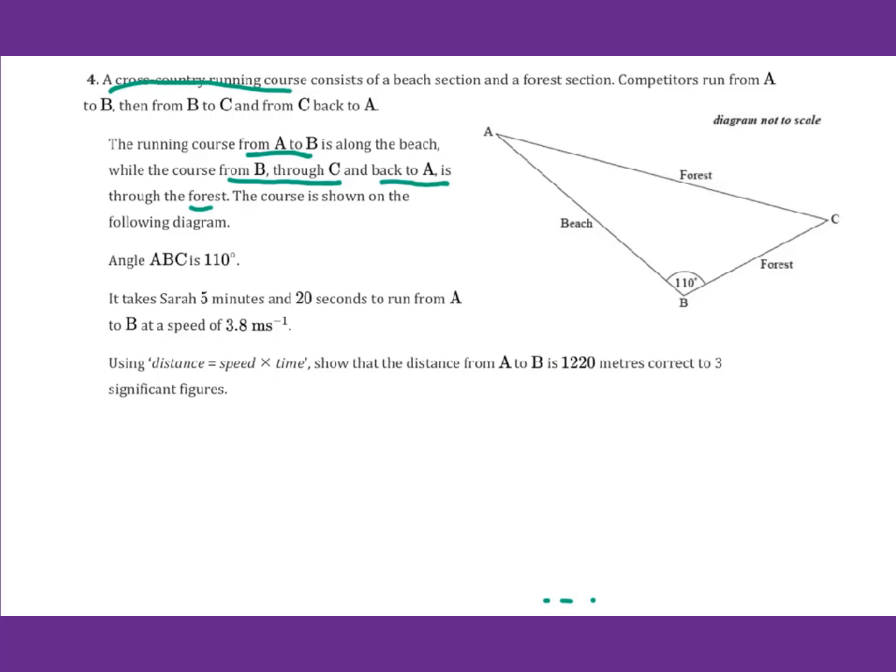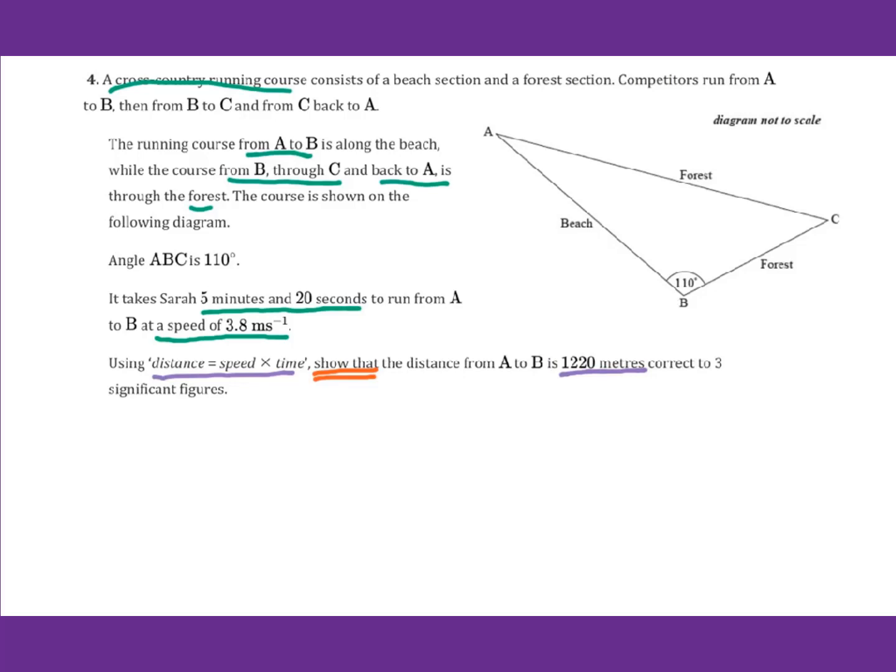It takes 5 minutes and 20 seconds to run from A to B at a speed of this. Using distance equals speed times time, show that the distance from A to B is this many meters, correct to 3 significant figures. Whenever you see show that, it means you work this out.